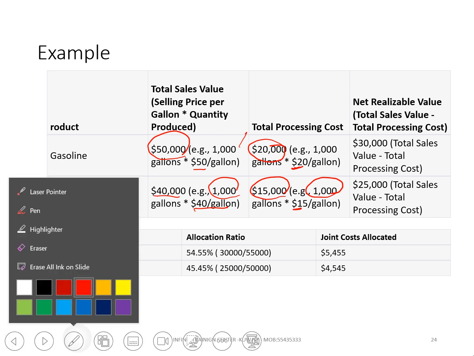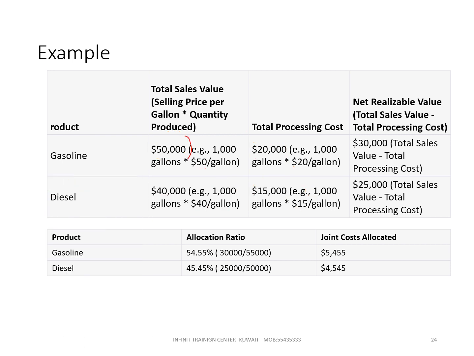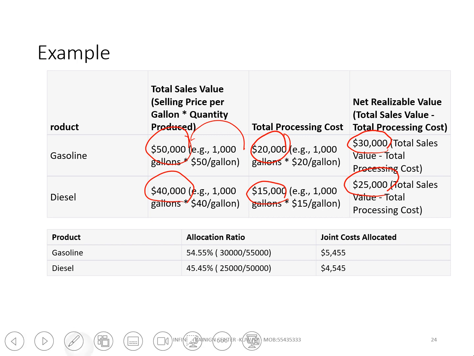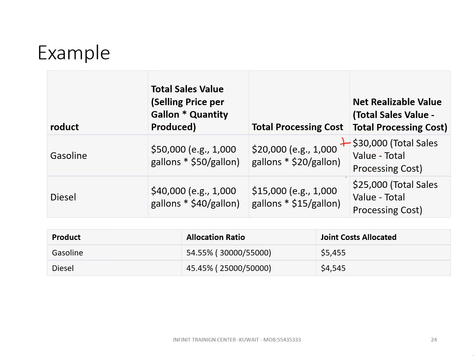So now you have your final selling price, which is 50,000, and processing cost is 20,000. If you minus 20,000 from 50,000, you will get an NRV of 30. And here, if you minus 15 from this 40, you will get an NRV of 25. So total is going to be 30 plus 25, which is 55,000.